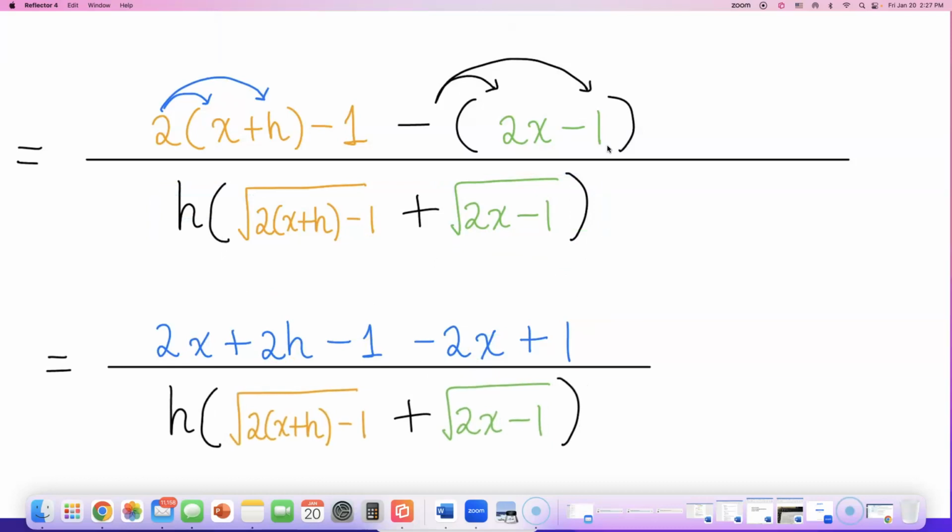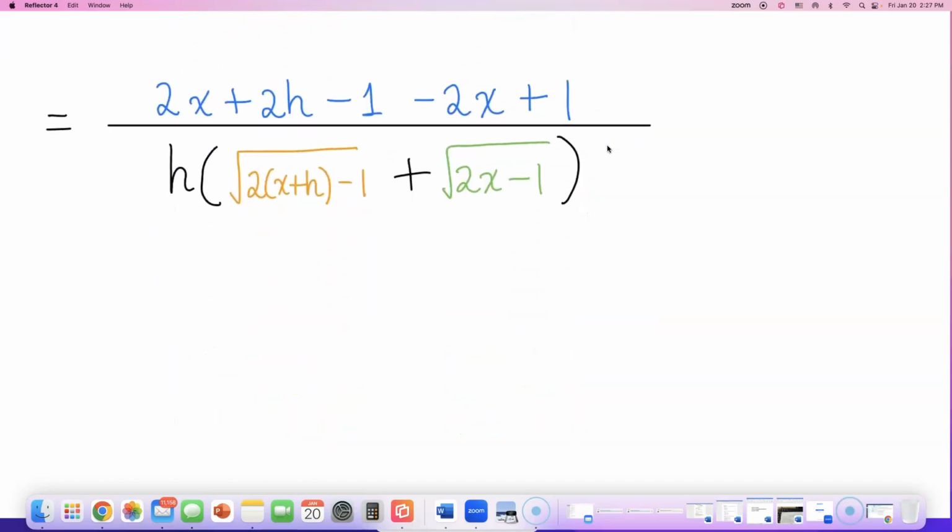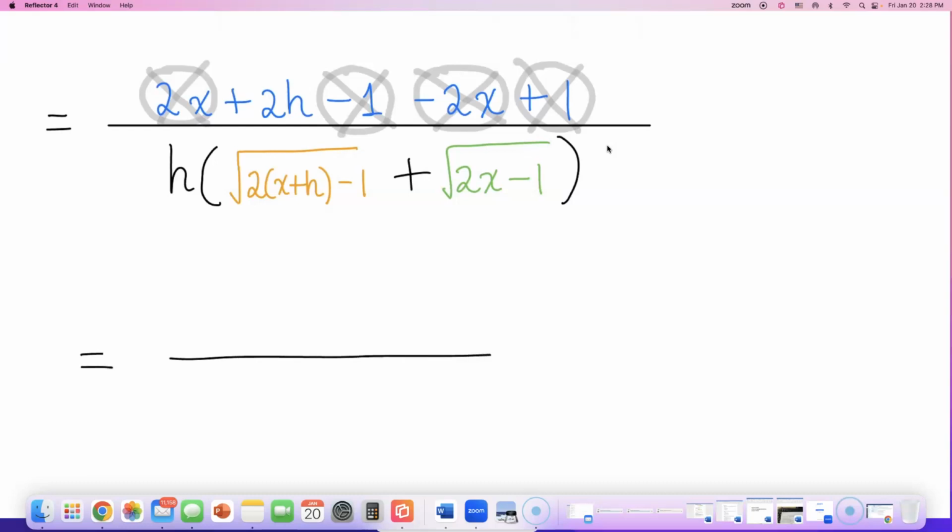All right. Let's see if we can simplify this numerator a little more. I can see that there is positive 2x and there is negative 2x. They are going to cancel out. Also, there is negative 1 and there's positive 1. They're opposites, so they cancel out. So the only thing left on top of the fraction is 2h.